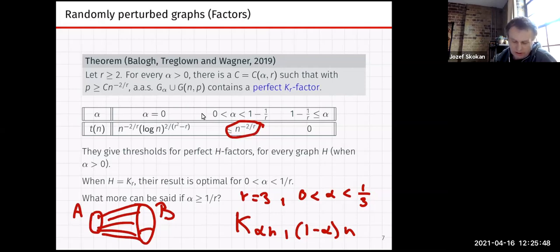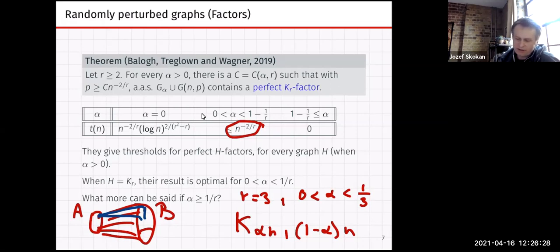I hope so. So I start with this unbalanced bipartite graph, I throw at it a random graph, and I try to cover it by vertex disjoint copies of triangles. If you take any triangles using the random edges of this form, then of course the number of vertices that you cover in A and B is at most 3 times the size of A. The way this is constructed, this is 3 times alpha n, and this is surely smaller than n, which is the total number of vertices.